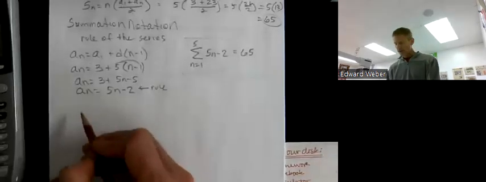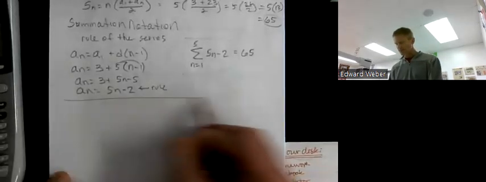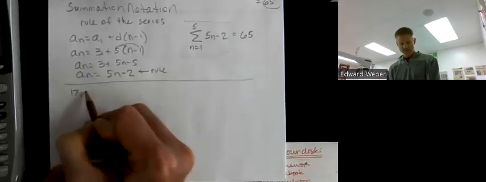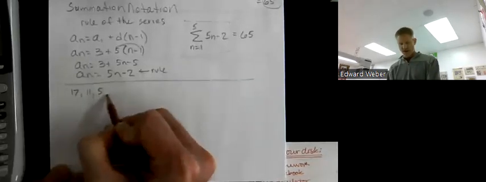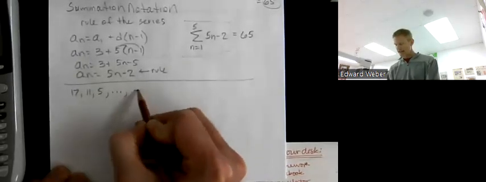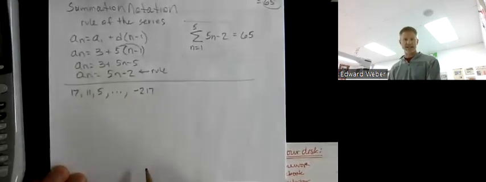So we're going to try our list of numbers. We'll take 17, 11, 5, and negative 217.